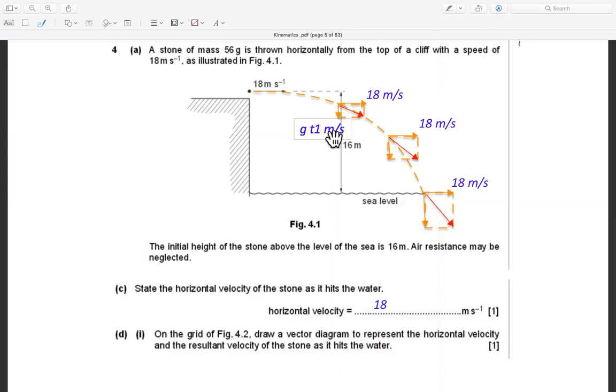Let's say g t1, g times t1. And also g times t2. And then maybe here g t3, after it hits the sea level. Yeah, that's it.